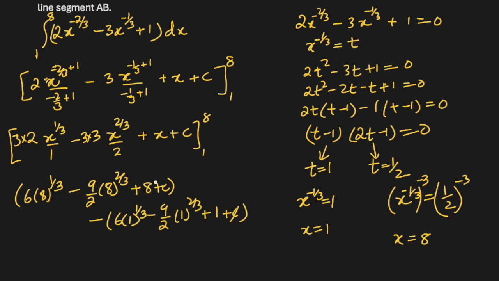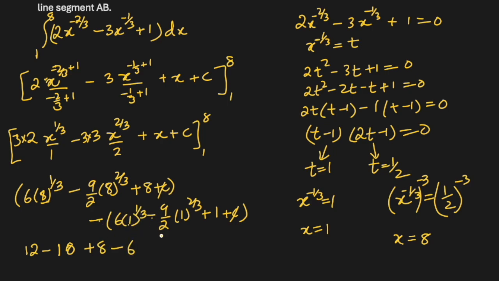First thing first, c will get cancelled in both because of the negative in between. So this gets me what? 2 times 6, 12. 4 times 9, 36 over 2, which is 18, plus 8. And 1 to the power anything is 1, so 6.